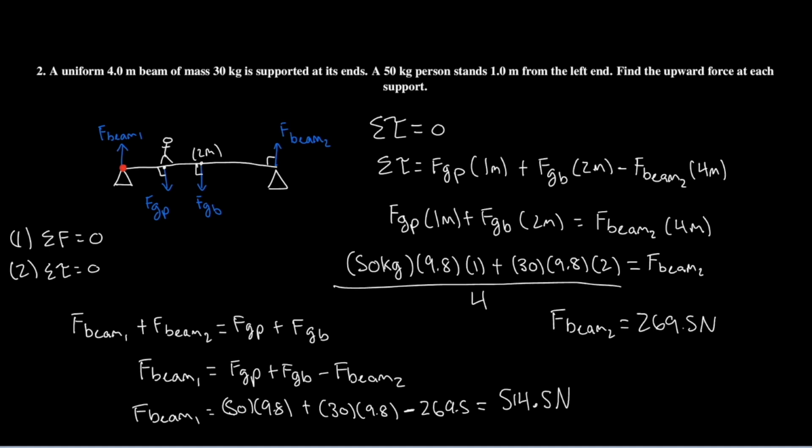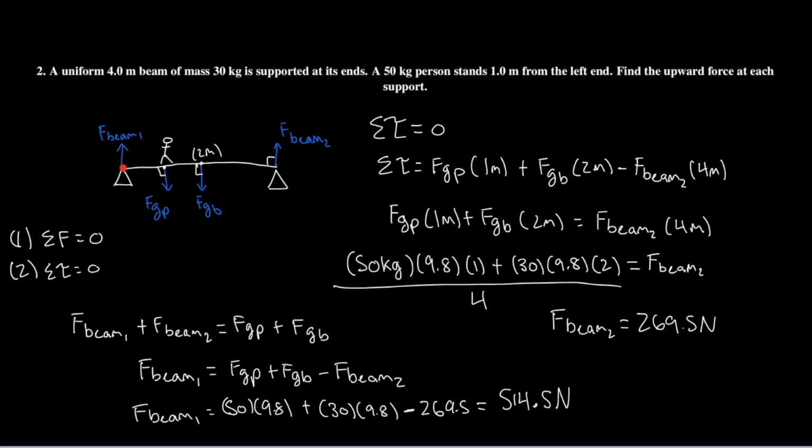Now, we know that there's a disparity between the forces of the two supports, so we can use some intuition now to verify that it's correct. We know that the person is standing farther to the left. When they're standing farther to the left, what we can assume is that they're going to be putting more weight on that left support.